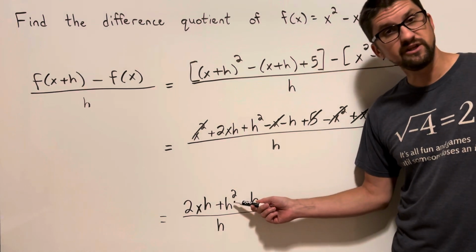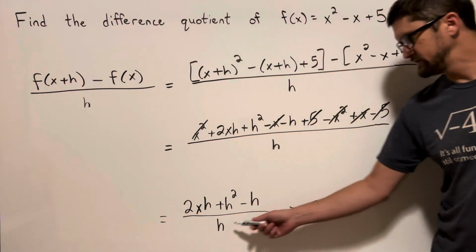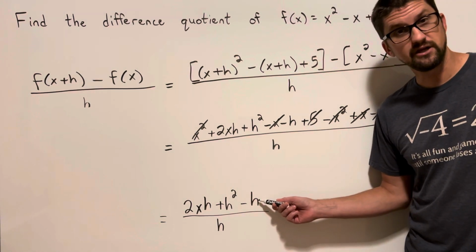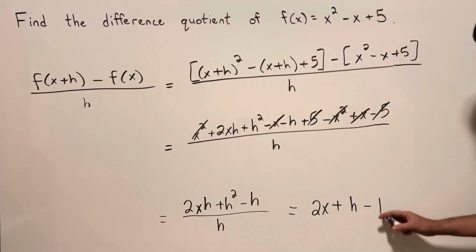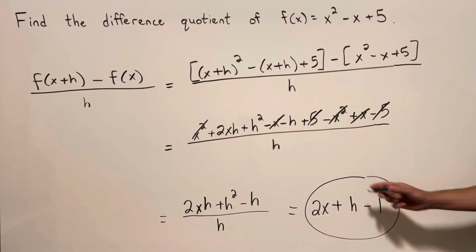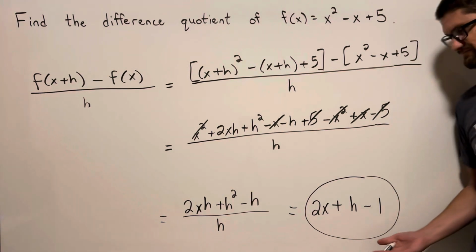This h will cancel one of these h's, so you're left with one h in the middle. And this h will go into this h perfectly one time. There's a minus sign there, so it's going to be minus 1. That is the difference quotient for this function. There you go.